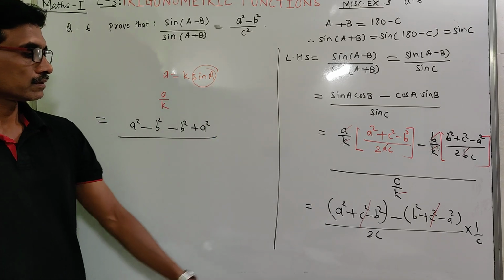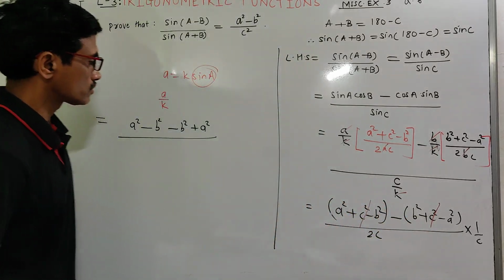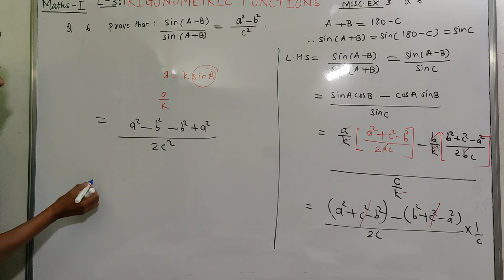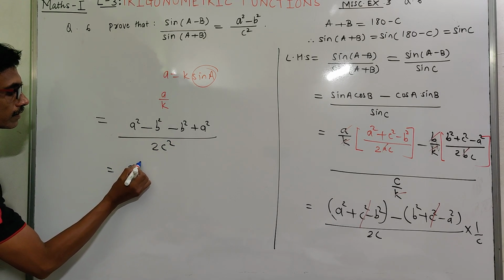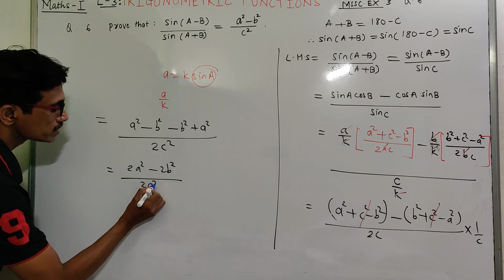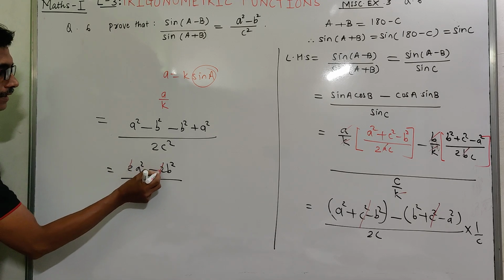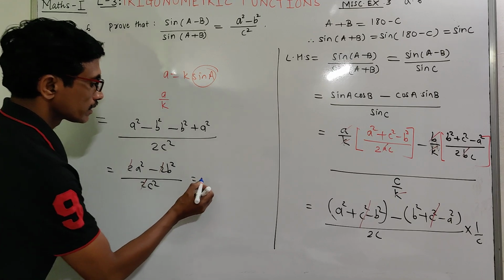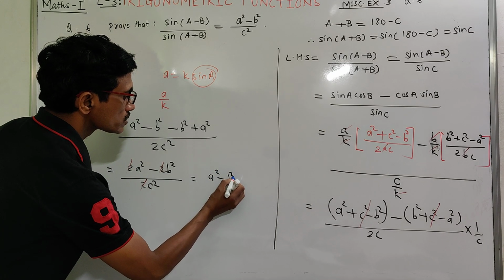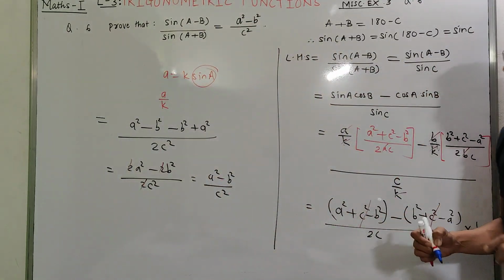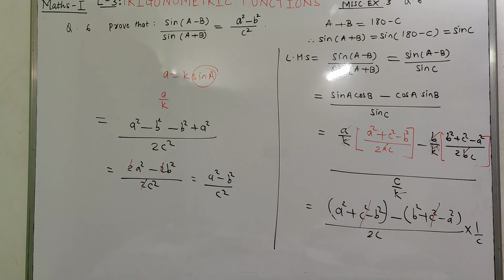Denominator is 2c and c, that is 2c square. So it will be 2a square minus 2b square upon 2c square. So this 2 is getting cancelled, and finally we get the right hand side, that is (a square minus b square) upon c square, which is required. So this is what we wanted, RHS.